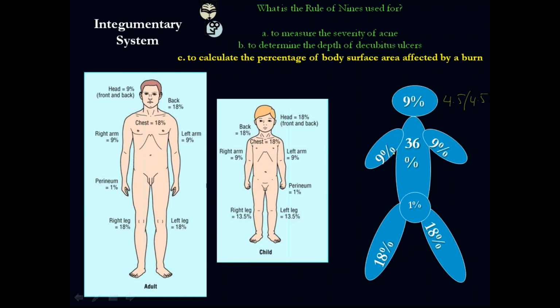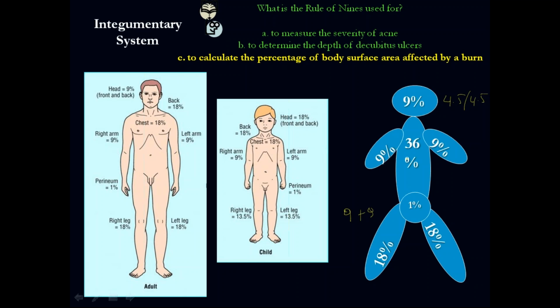Upper extremities are 9 each. Then the lower extremities are double, 18 and 18. All the lower extremity is 18%, but if you want to talk anterior and posterior, it's 9% plus 9%.